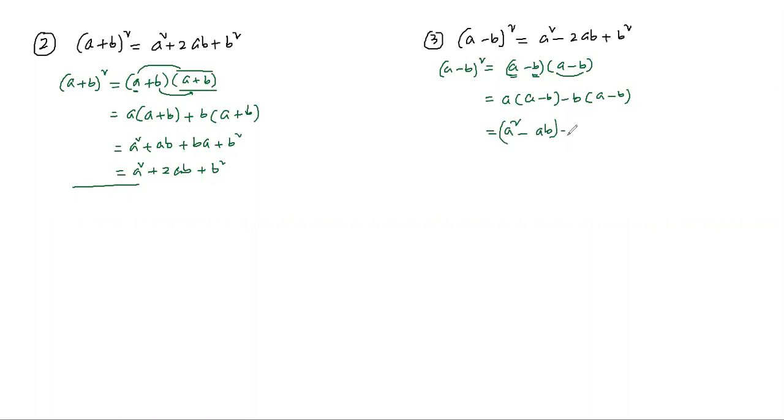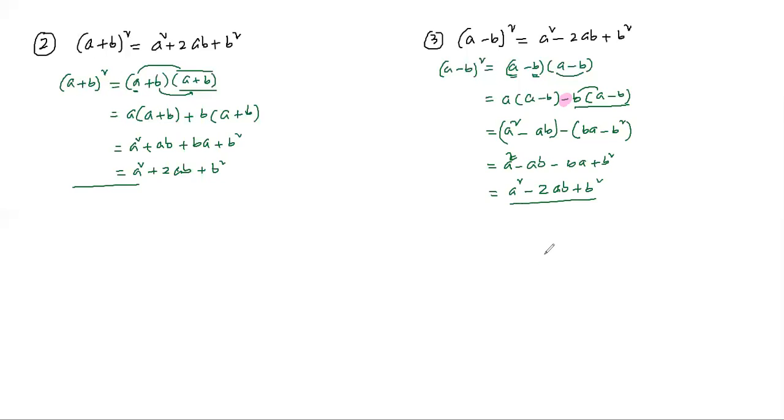Be very careful about this minus sign, and write the expansion carefully because of the minus inside the bracket, otherwise you may commit a mistake. So b into a is ba, and then b square. Now remove the bracket: a square minus ab minus ba plus b square. Collect the terms and you get the required expansion, a square minus twice ab plus b square. So you arrive at the formula.